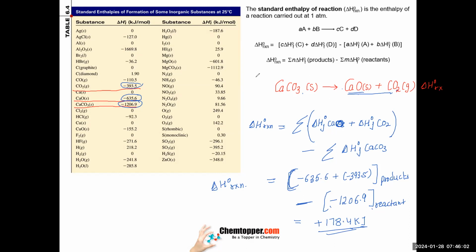It's a decomposition reaction, breaking down. Generally, maybe 95%, we can say, all decomposition reactions are endothermic. Heat is needed to break.